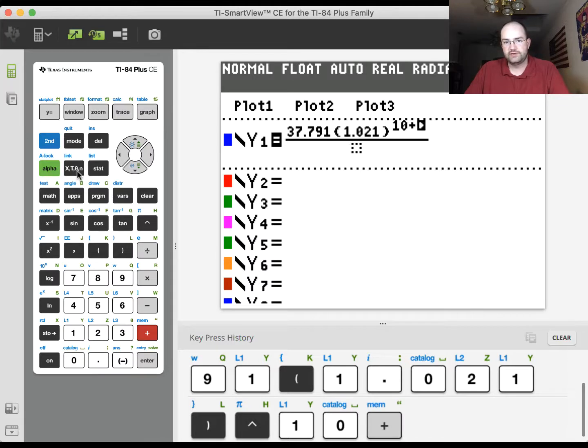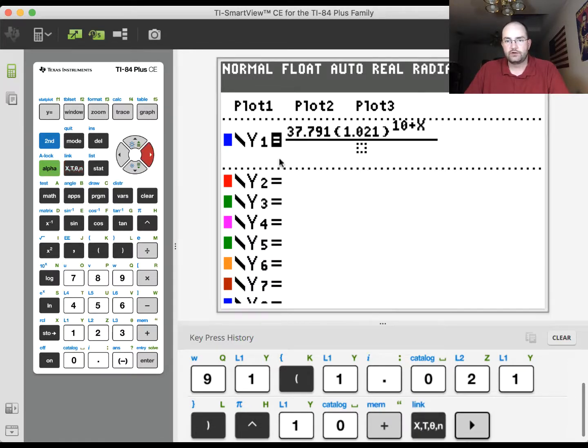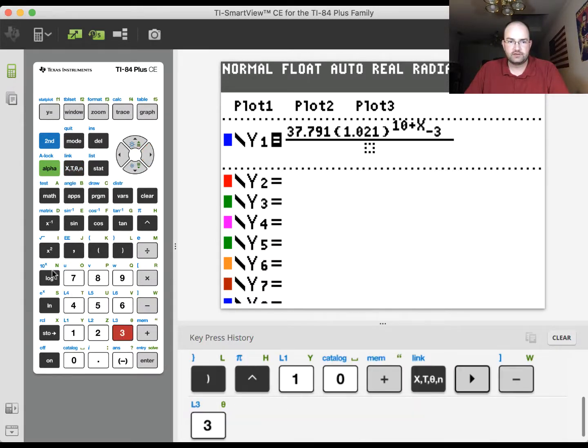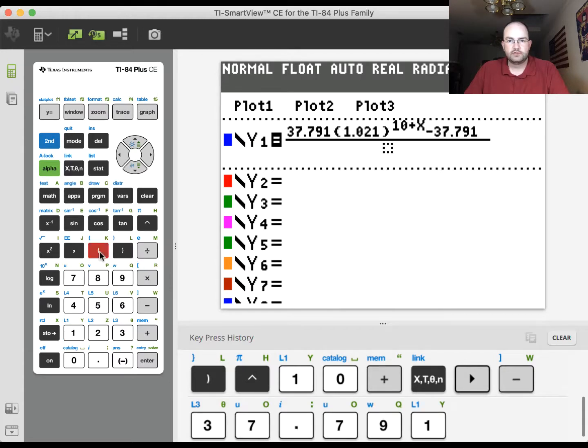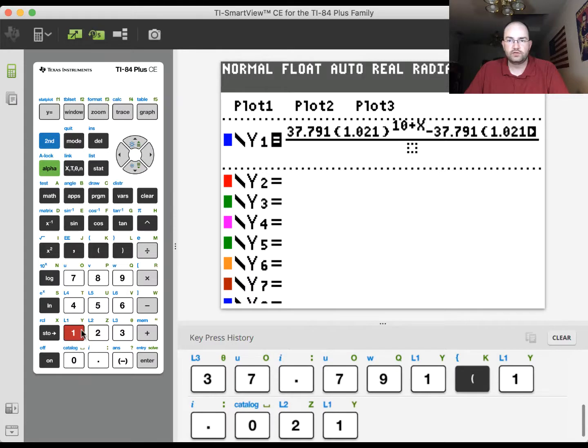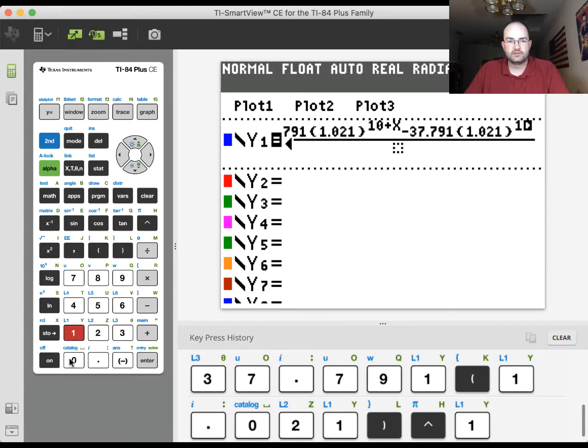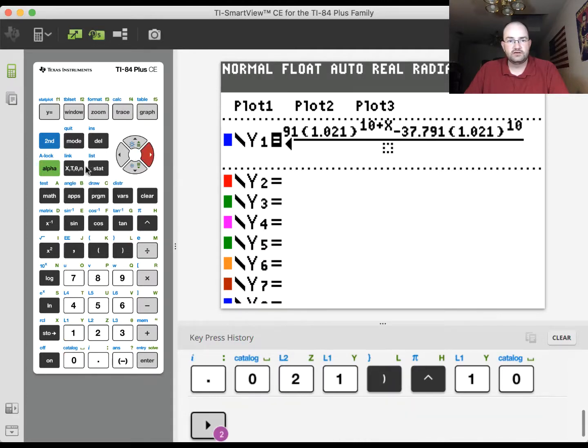But we don't really have an h in here, so let's make that just 10 plus x. Then right arrow, and we need a minus, and then 37.791 times parentheses 1.021, close parentheses, to the 10th power. And in the denominator, put an x.